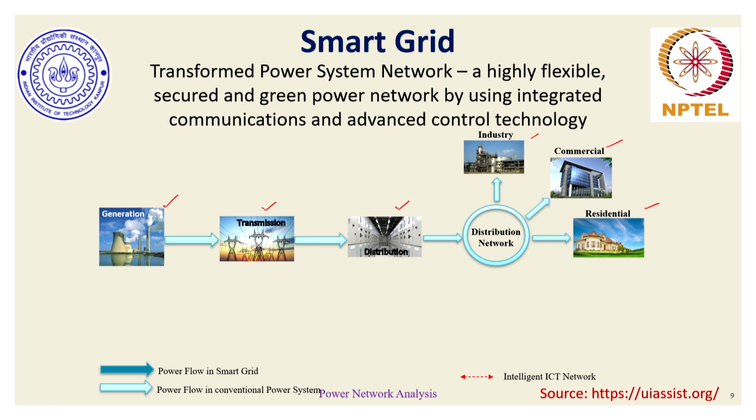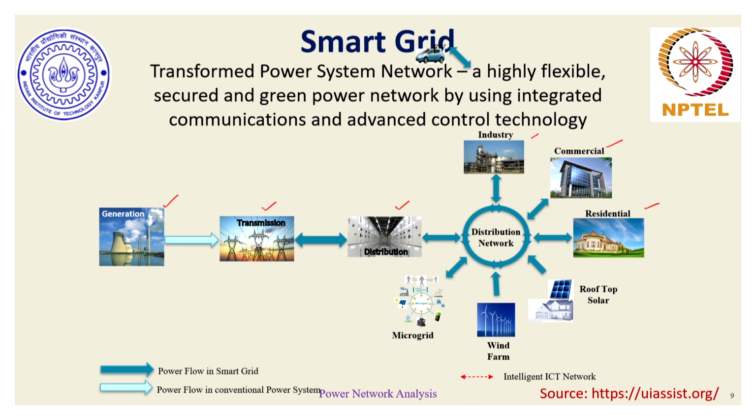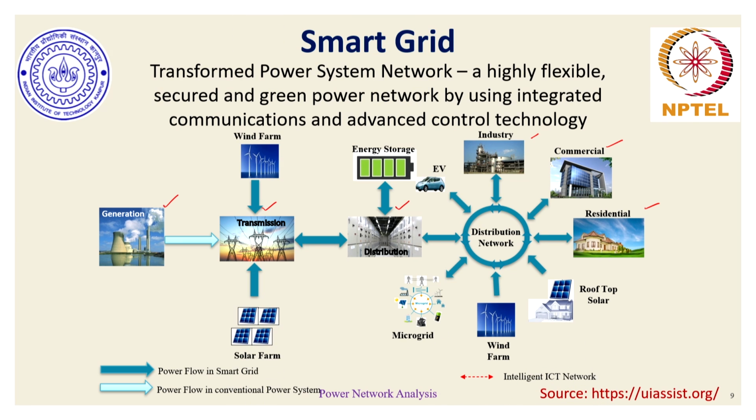Over the years, specifically in the last 2 to 3 decades, this unidirectional flow of electrical power has substantially changed. The reason is the lot of renewable integration happening at both the distribution level as well as the transmission level.